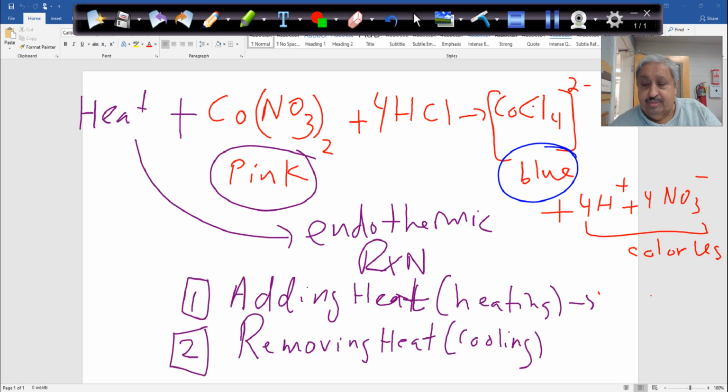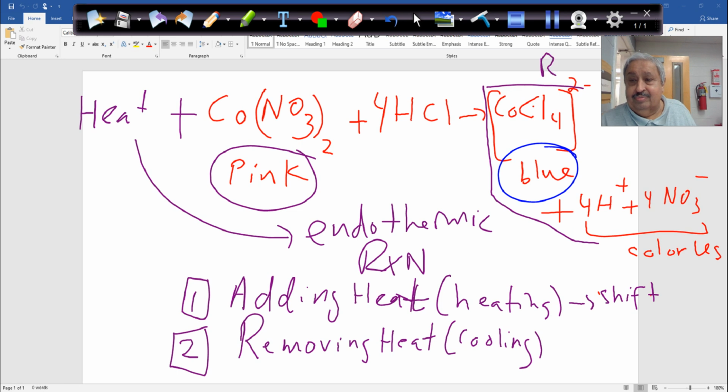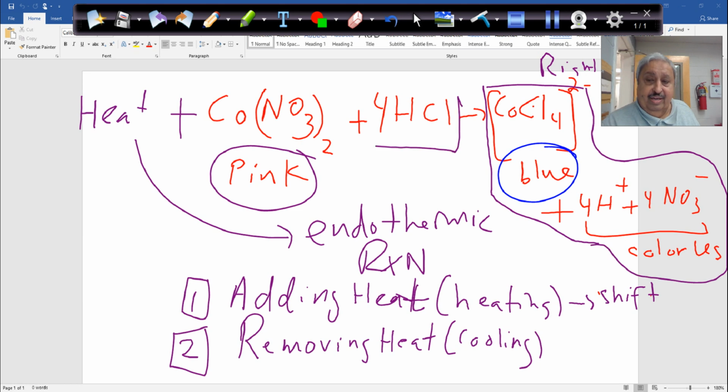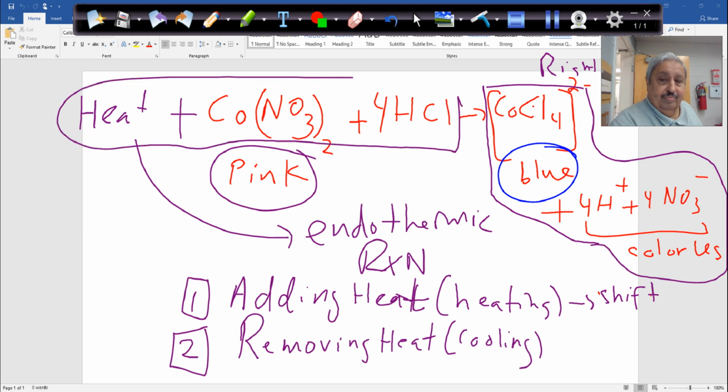Where will the shift be? If you add heat, the shift will be to the left or to the right. Remember, all this here is called the right. Everything here is left. So when you add heat, where will the heat be?